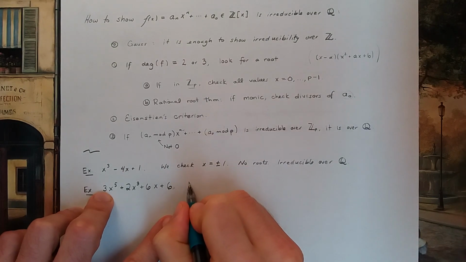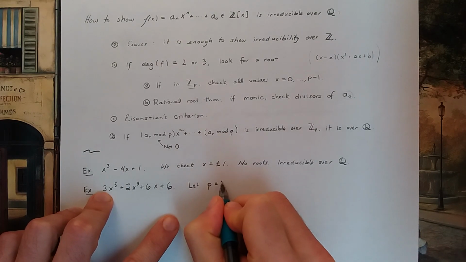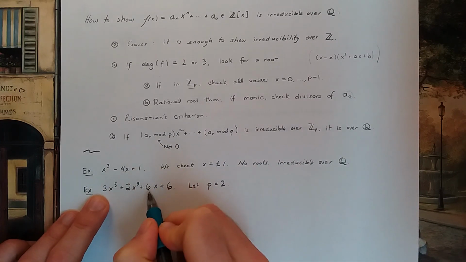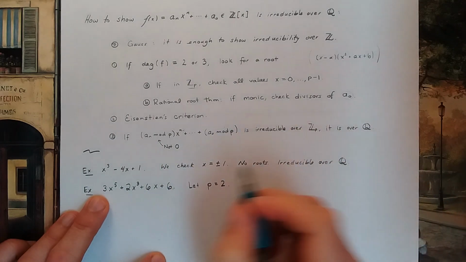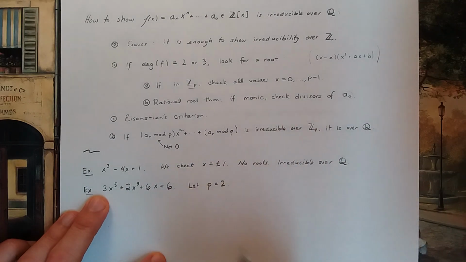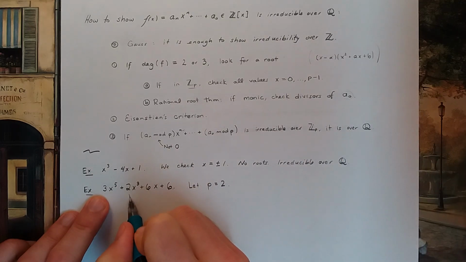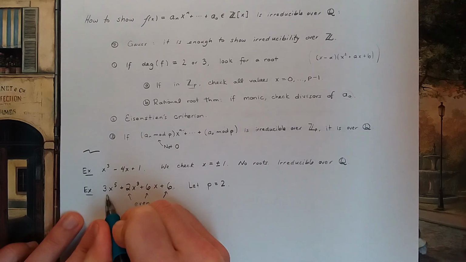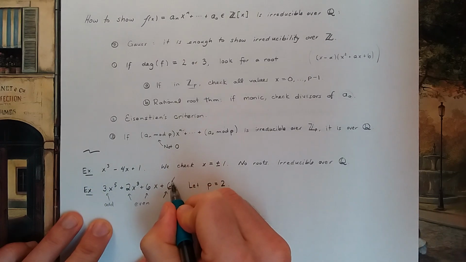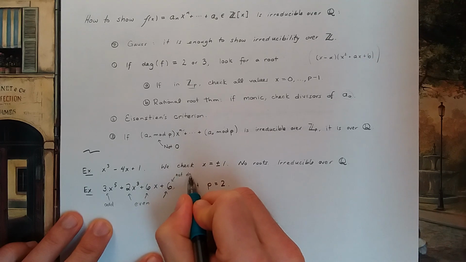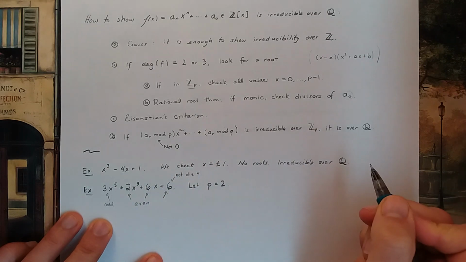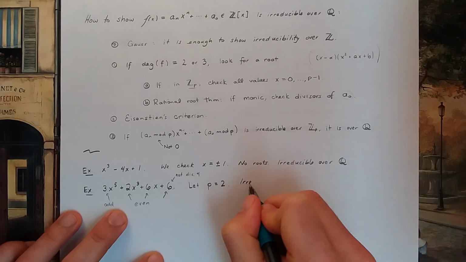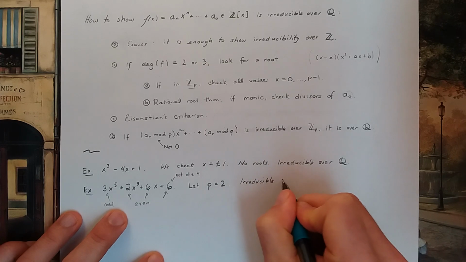So I'm going to take the prime p equal to 2. 3 is not divisible by 2, but every other coefficient is divisible by 2, and 6 is not divisible by 4. So I need all of these to be even, I need this one to be odd, and I need this to not be divisible by 4. There, I'm done. That's all there is to it. This is irreducible over Q.